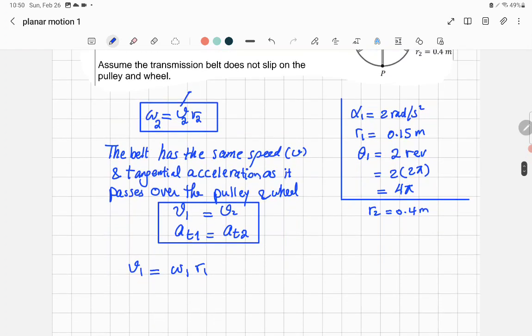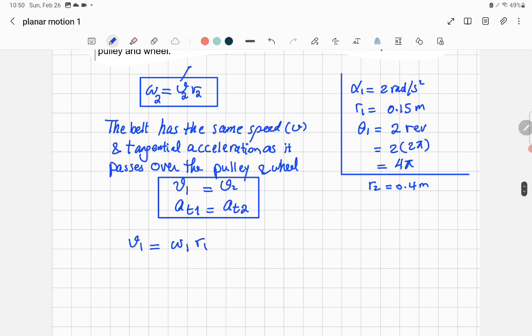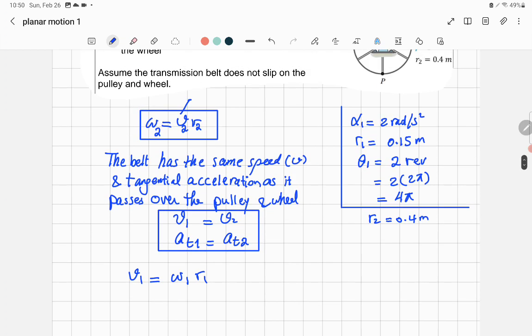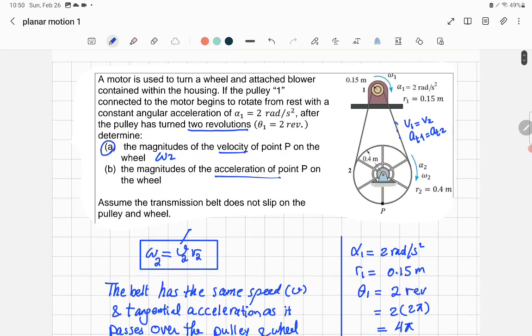So to find V1, I have to calculate omega 1, and to find it, I have to have the initial velocity. We know the initial velocity was 0, because it was mentioned that pulley 1 connected to the motor begins to rotate from rest. So from rest means omega naught equals 0.